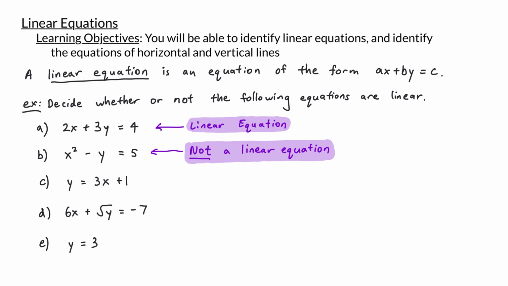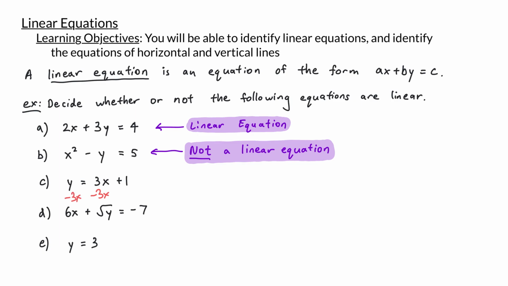In example C, we have y equals 3x plus 1. While this equation doesn't quite look like ax plus by equals c, the powers for the x's and y's are both 1, which suggests to me that it is a linear equation. And if we do want to rewrite our equation so that it looks like ax plus by equals c, all we have to do here is subtract 3x from both sides.